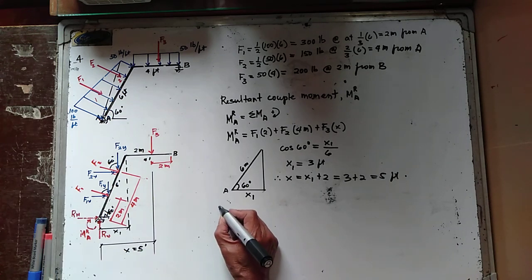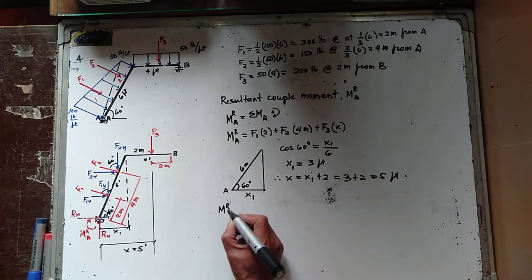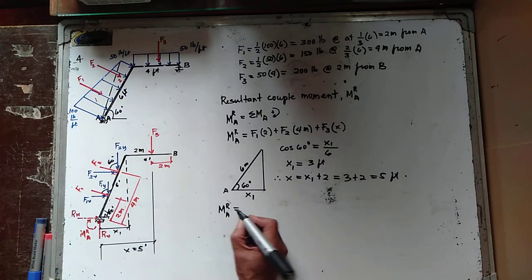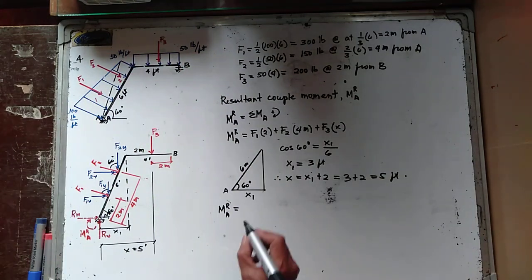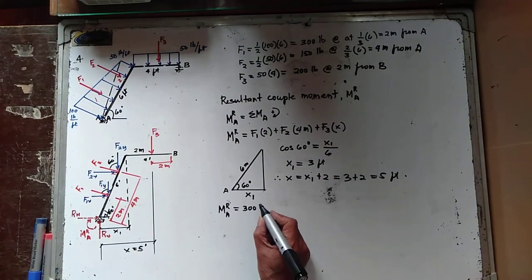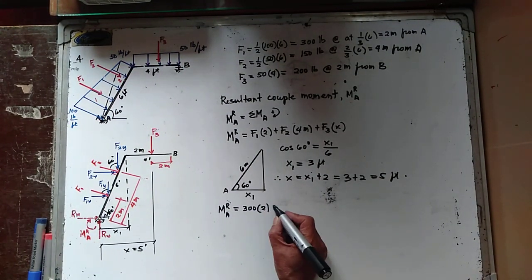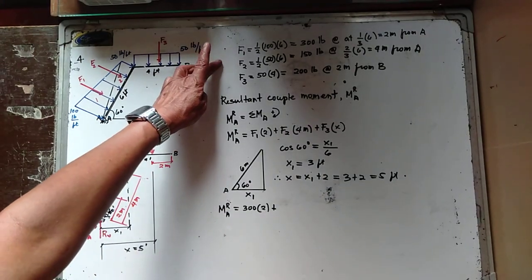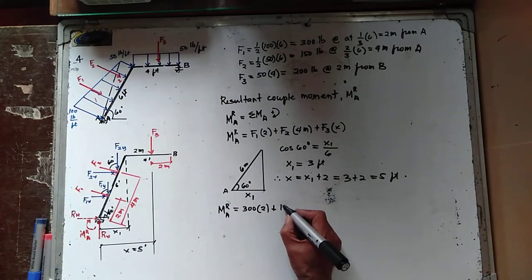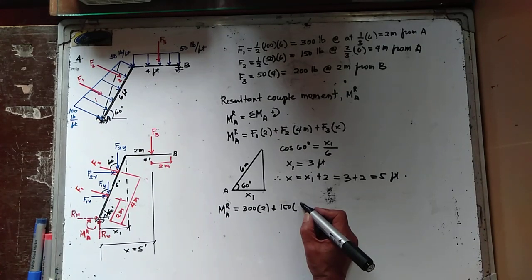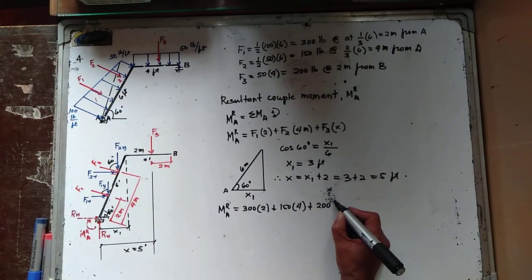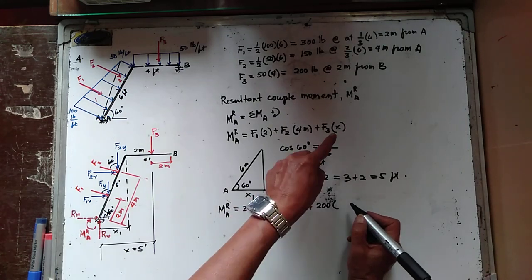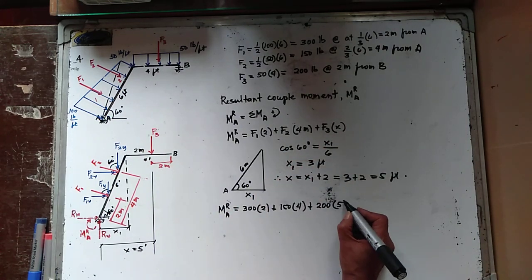Hence, the couple moment of the resultant at point A is now equal to F1, and F1 is 300, multiplied by 2, plus F2, 150, multiplied by 4, plus F3, that is 200, multiplied by X, which is equal to 5.